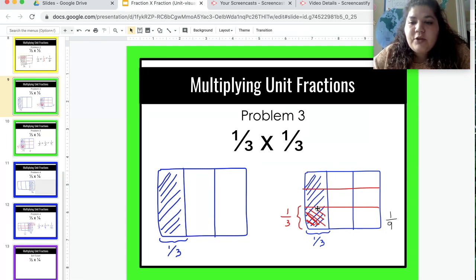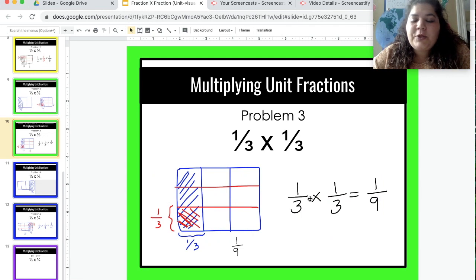How many are double shaded? 1. How many parts are there in total? 9. So 1/3 of 1/3 equals 1/9. And we can see that when we do it mathematically as well. 1/3 times 1/3, 1 times 1 is 1, 3 times 3 is 9.